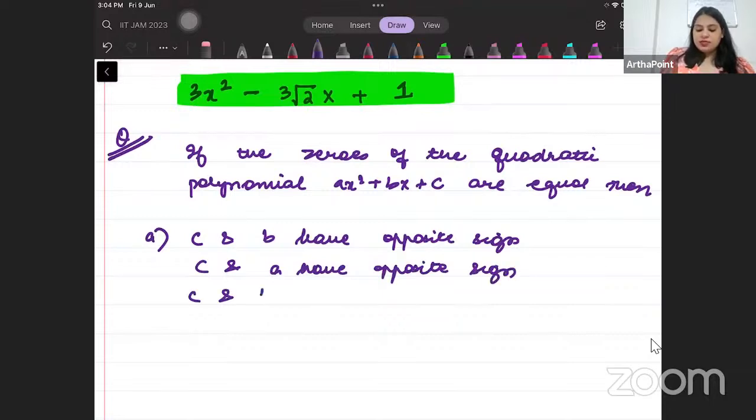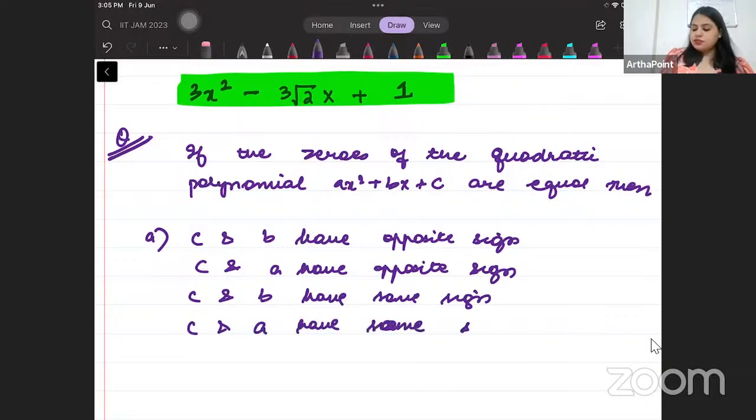Third, c and b have same sign. Fourth, c and a have same sign. Beta, take a moment, try to do this question yourself. So the question is asking if the zeros of the quadratic polynomial are equal, then what should be the relationship between A, B, and C?